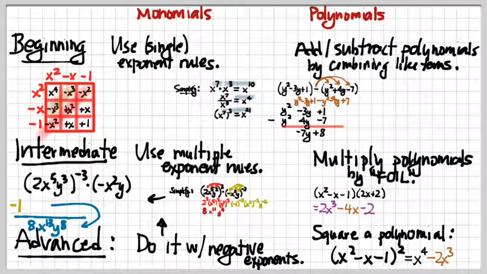So they're going to combine together to give me minus x squared. The x's are both plus x, so when those combine, I'm going to get plus 2x. And then I have a plus 1 at the end that doesn't combine with anything.